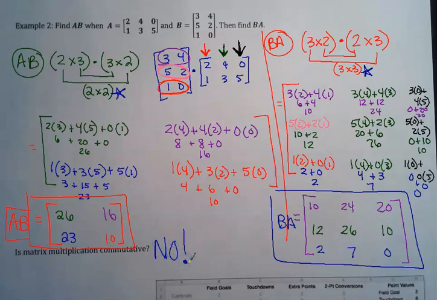This is not a good example of that because we were able to do A times B and B times A. It would have been better to have that question after example 1, where we noticed we couldn't multiply in any order. So that's a kind of a terrible place for it. I apologize, but sometimes that's what happens when I follow the order of the textbook. I don't always like it.